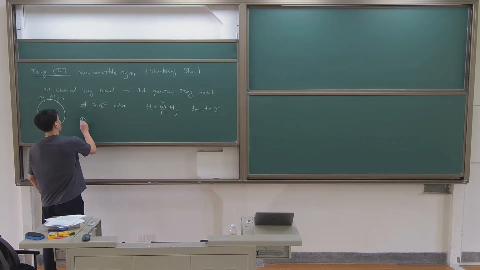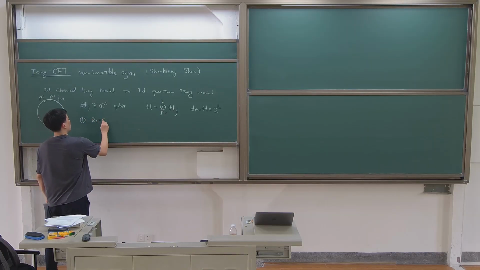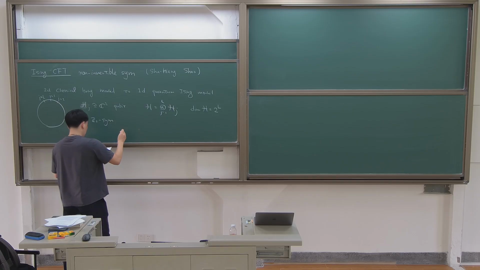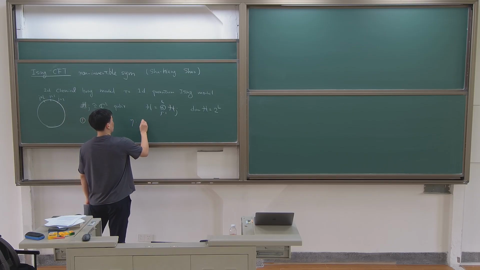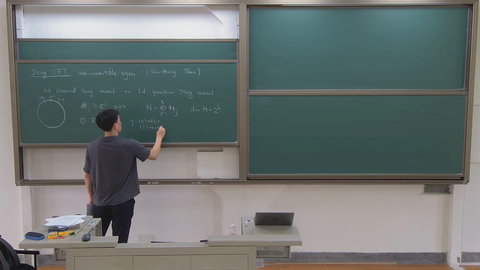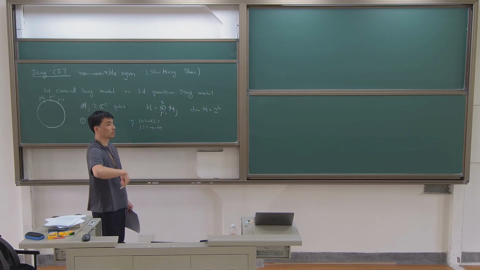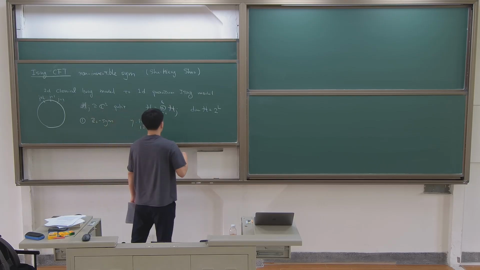One is the Z2 symmetry. Literally we just map 0 to 1 and 1 to 0 at each site, where 0 is spin up and 1 is spin down.